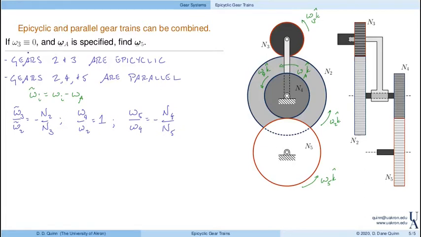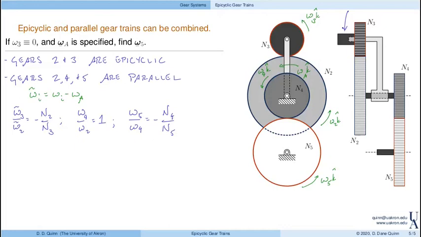So here, I want to find the output speed given the speed of the arm if omega 3 is 0. Actually, this is kind of like a hand crank. So you could imagine that this was the handle. So you want to come up and grab this large handle and you want to crank it around. Well, you don't want it to spin in your hand because your hand's not going to spin with it, right?